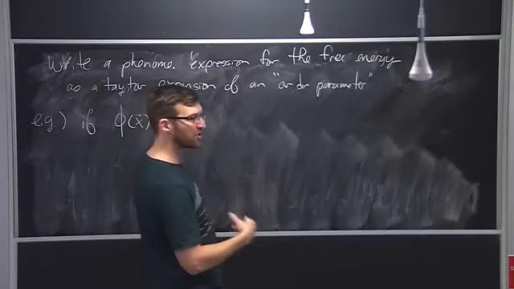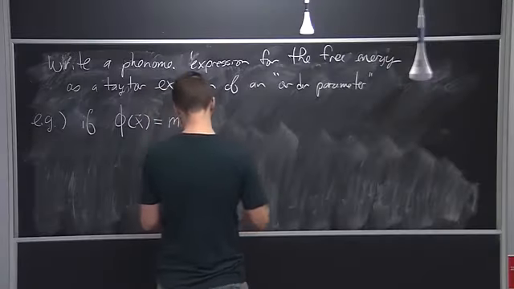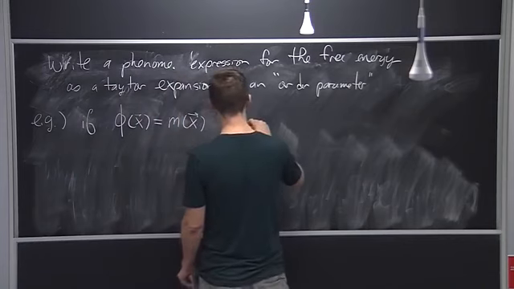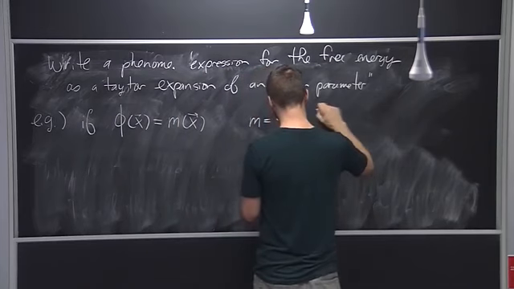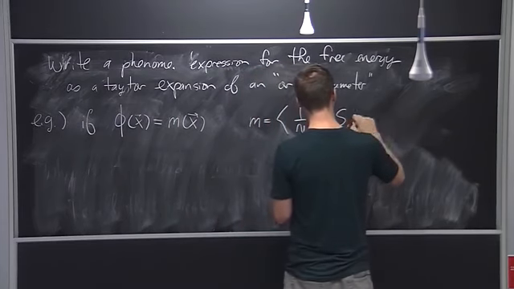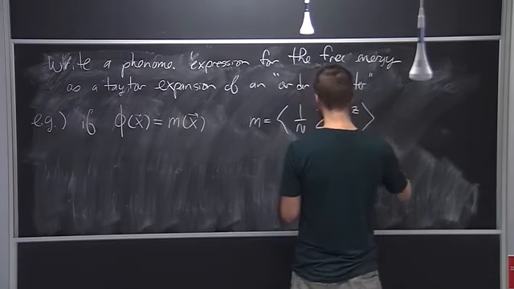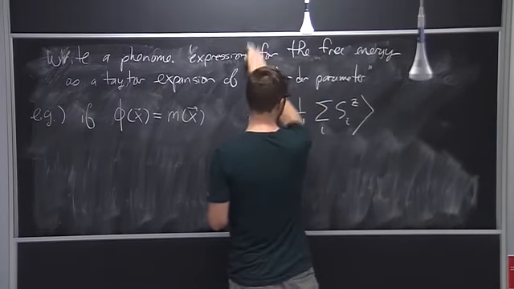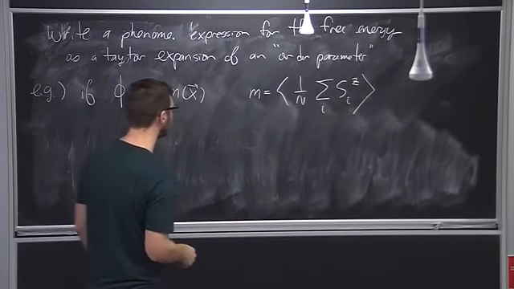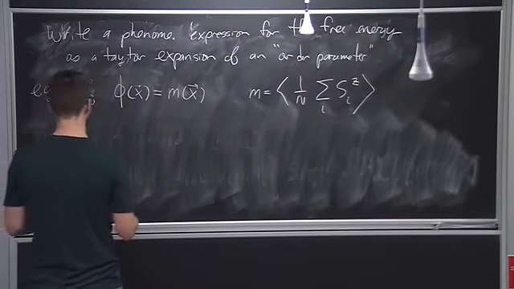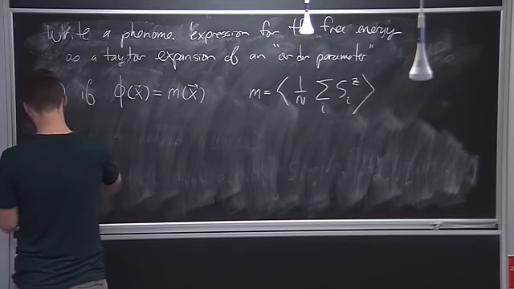And that's sort of the regime in which these theories are valid. So the magnetization would be something like the sum of all of your Z components of your spins over the number of lattice sites.